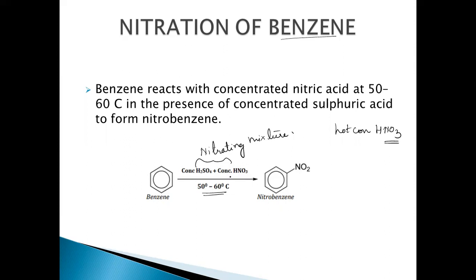So we take a mixture of concentrated sulfuric acid and nitric acid, where sulfuric acid acts as a catalyst, which allows the reaction to take place more rapidly and at a lower temperature itself, and will not allow the explosion reaction to occur.